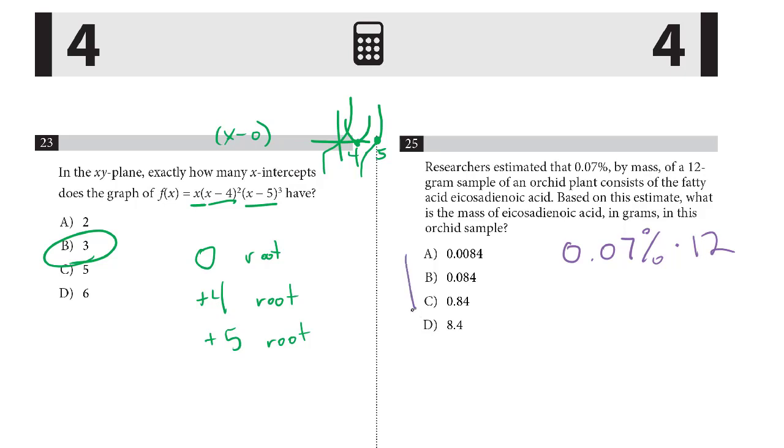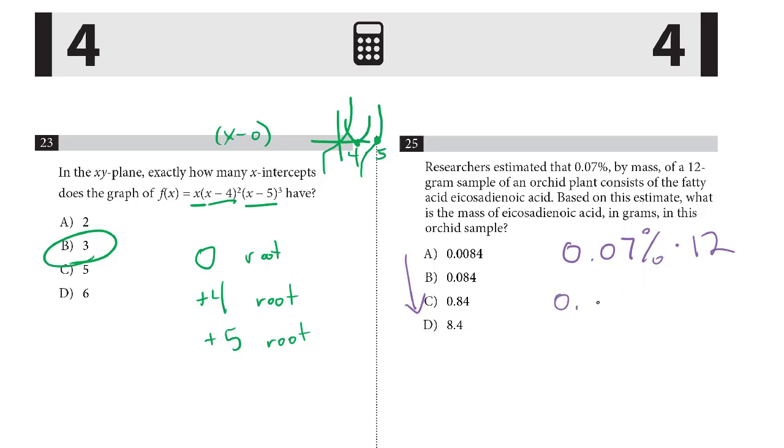Notice a quick vertical scan shows all the answer choices are differentiated by factors of 10. So we need to get our factors of 10 absolutely correct, get our decimal places right, and read percent versus non-percent accurately. All the answers are in decimal form, none are in percent. So 0.07% is not 0.07 times 12.